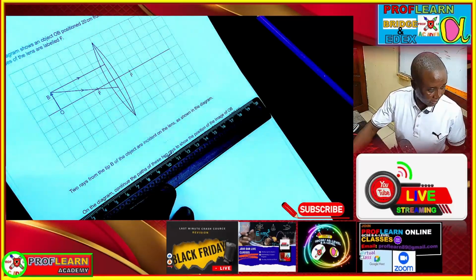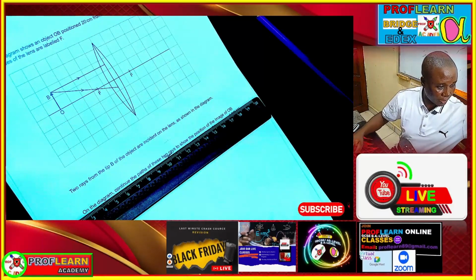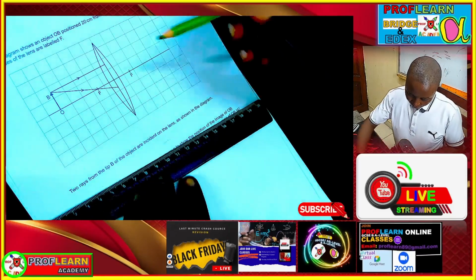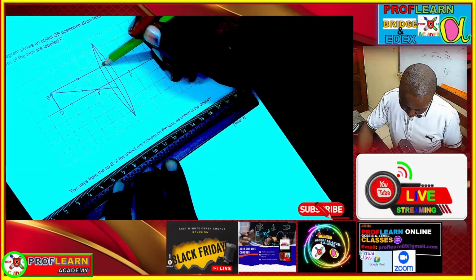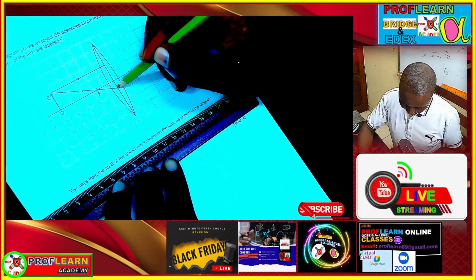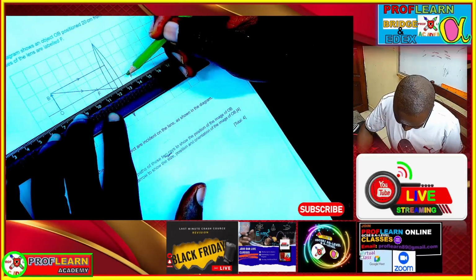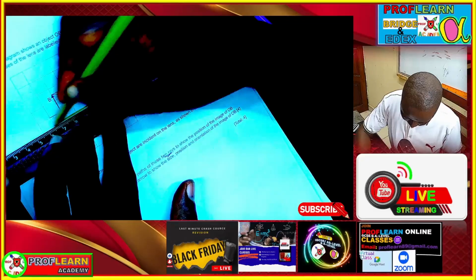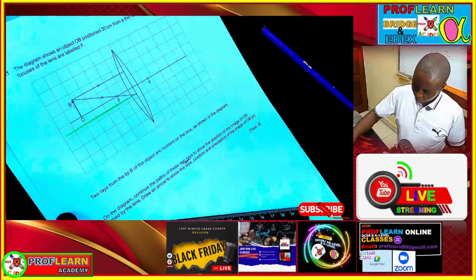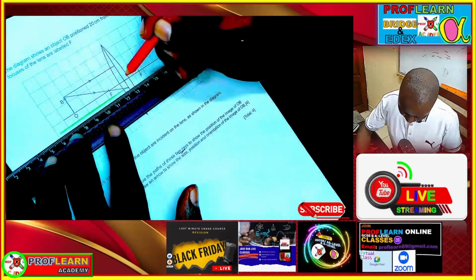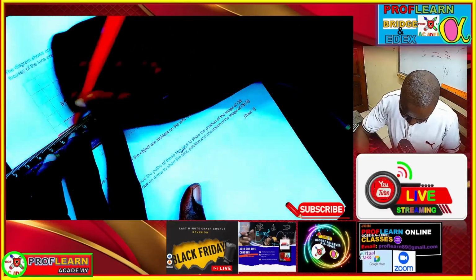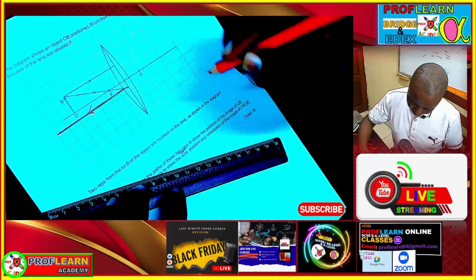The first thing we can notice here is that this ray that is passing through F, upon reaching the lens, is going to be reflected parallel to the principal axis. It's going to be reflected like that.